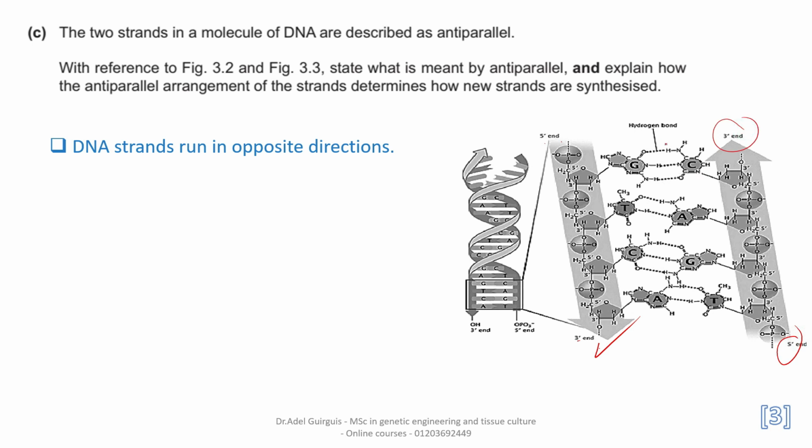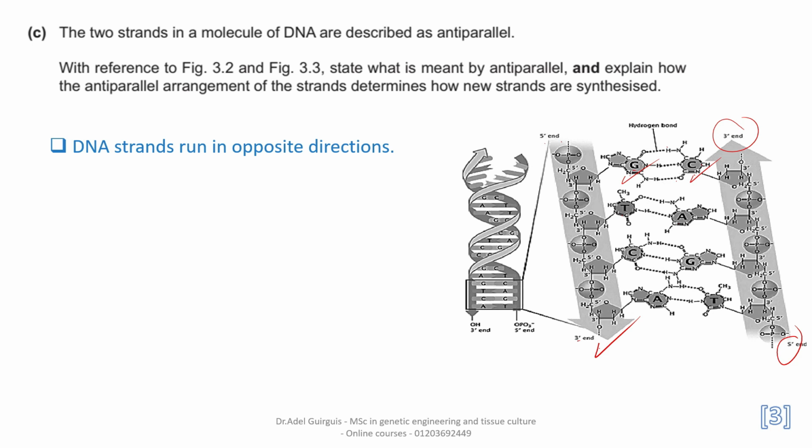Why? To allow base pairing between adjacent nitrogenous bases, G with C with 3 hydrogen bonds, A with T with 2 hydrogen bonds. If they ran in the same direction, it would be impossible to make base pairing between these nitrogenous bases. So no rungs are formed if they run in the same direction.